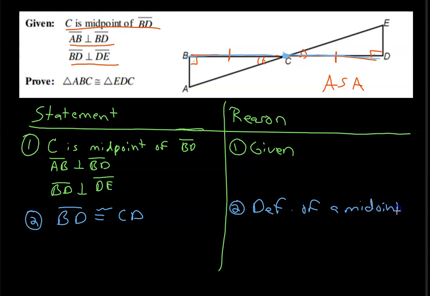After that, I concluded, I'm going to call this angle 1 and angle 2, that angle 1 is congruent to angle 2. And the reason why they're congruent is because vertical angles are congruent.